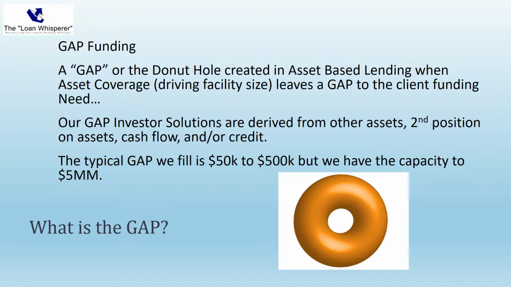Our gap investor solutions are derived from things like other assets, maybe second or additional positions on the existing assets, could be cash flow driven solutions, or it could be a credit driven solution. The gap we fill is $50,000 to $500,000 typically, but we do have the capacity to go to $5 million. So that's what the gap is, or the donut hole, if you would.